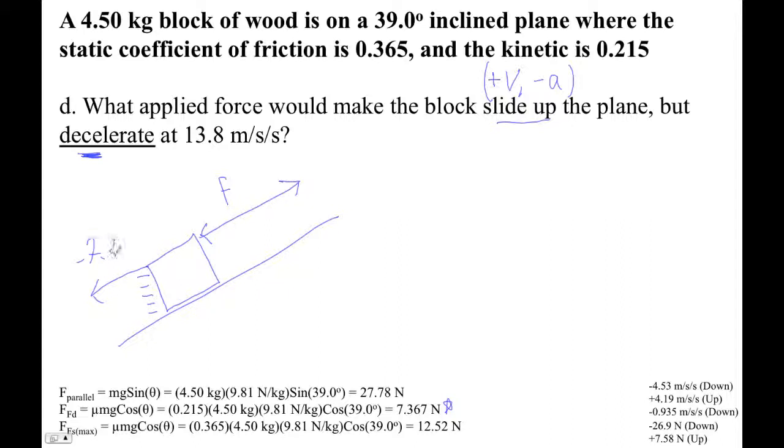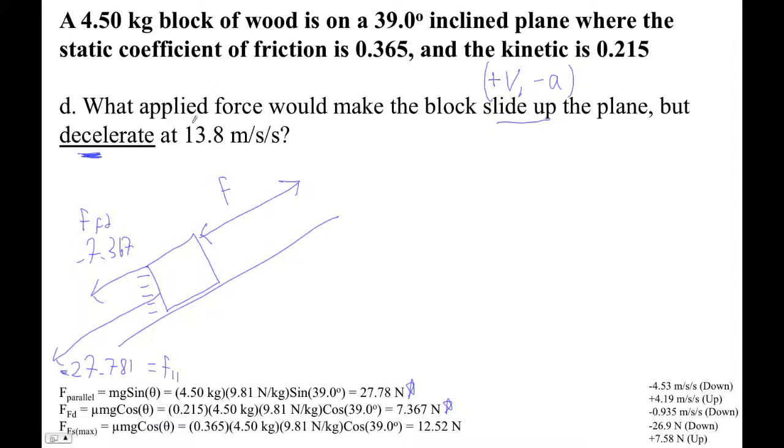Negative 7.367 newtons, right? Because gravity is down, the parallel component of gravity is down the plane. 27.781. So these are down the plane. This is the force of friction dynamic. This is our parallel component of gravity. And now we're all set.